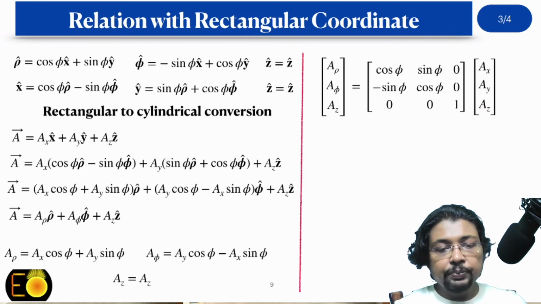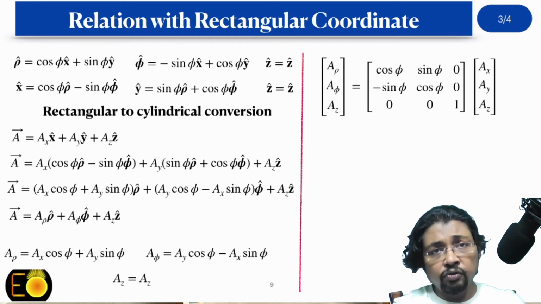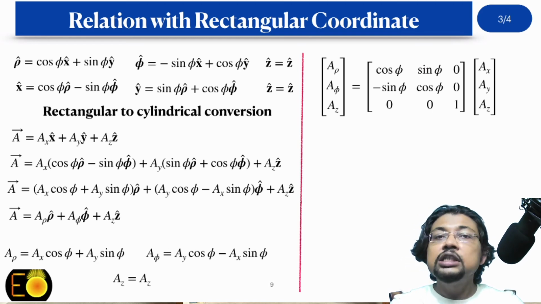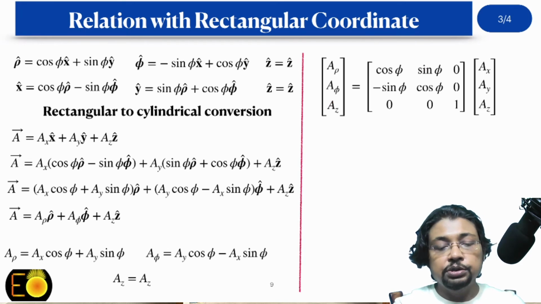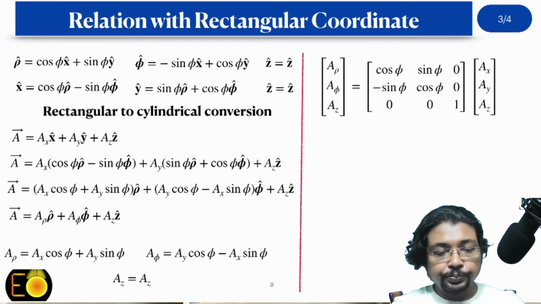And why can we represent this in matrix form? Because these transformation relations from the Cartesian to cylindrical and cylindrical to spherical, when I discuss the spherical coordinate system, you will see that they form linear equations, and that's why we can represent these transformations using the matrix form.